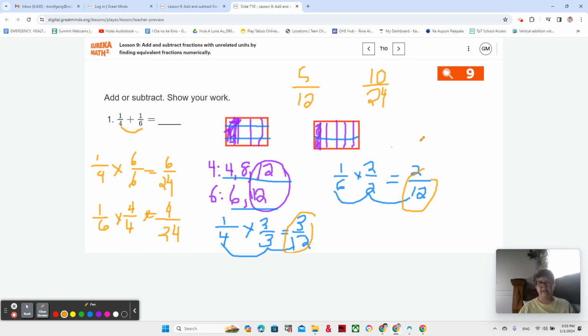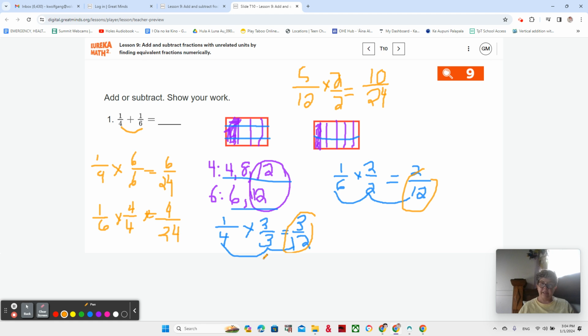And these are equal to each other because 5/12 times 2 over 2 is equal to 10/24. And hopefully we all know that when we multiply by 2 over 2 or 3 over 3 or 6 over 6, it's the same as multiplying by 1. So we had our 5/12. We're just breaking it into more pieces to make it 10/24. So either of those answers would be fine. But like I said, we have to think about using numbers that are way too big.